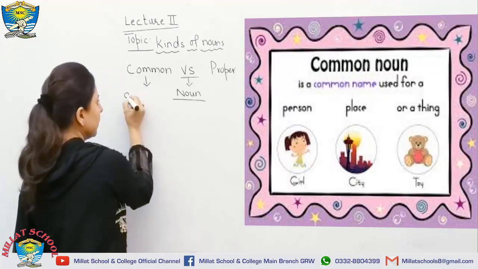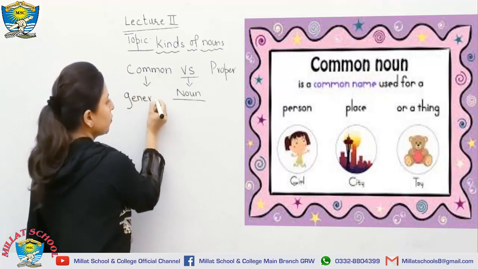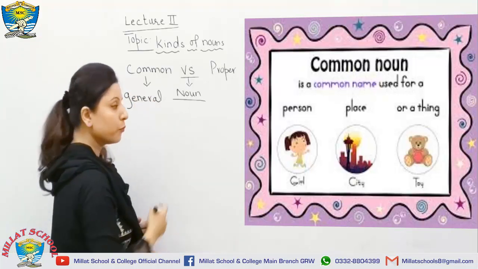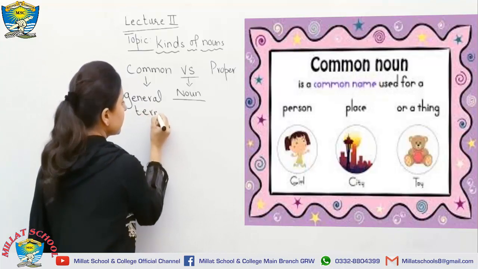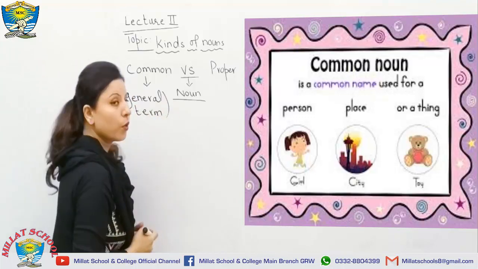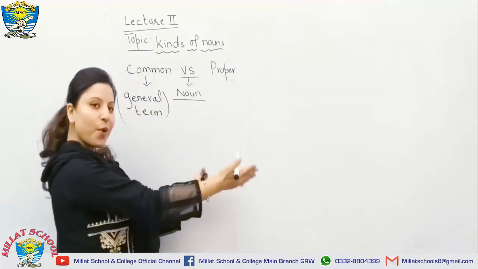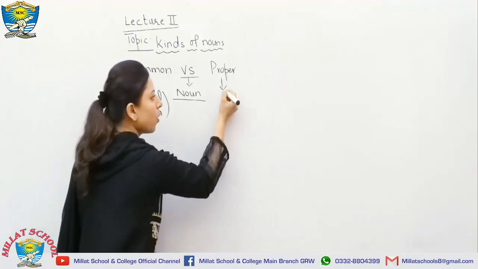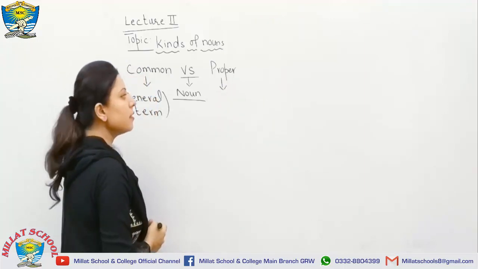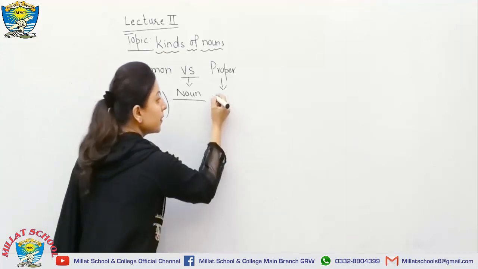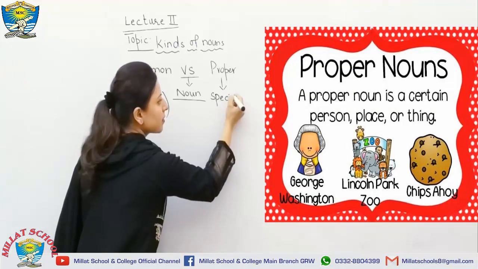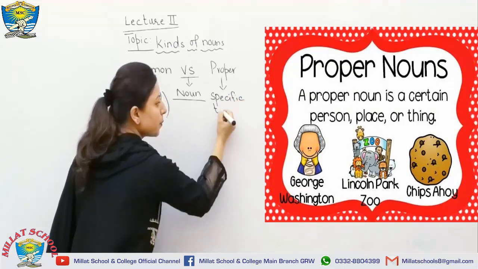First I would like to write the general term for you. It's a general term. What's going to be the next? It's the proper noun. The proper noun is the name of some specific thing. Yes, it is the specific term.